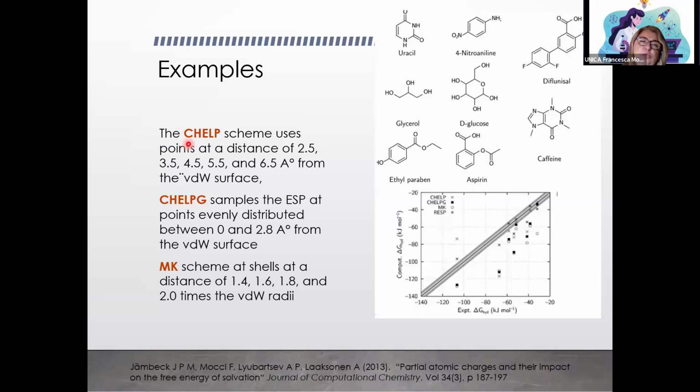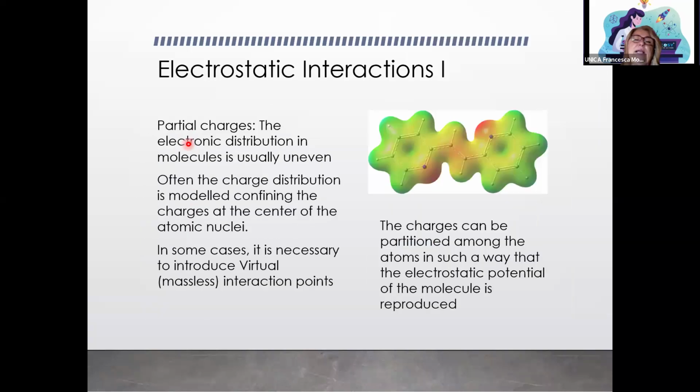So, let's go back again to the slide that I showed earlier. Here is represented the electrostatic potential with a color code on a certain surface of the molecule, so at a certain distance from the atoms, but the electrostatic potential is in all the space surrounding the molecule. At which distance do I want to have the correct electrostatic potential?